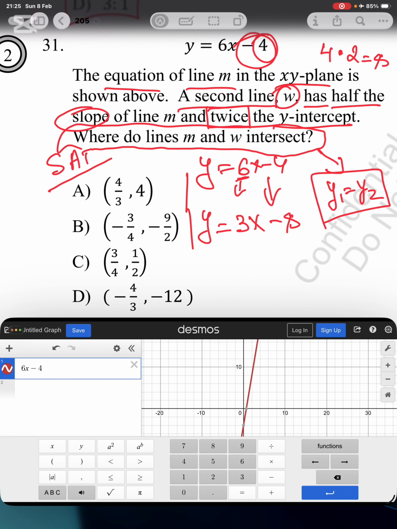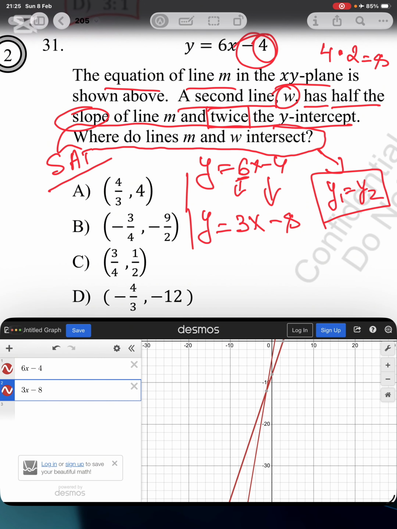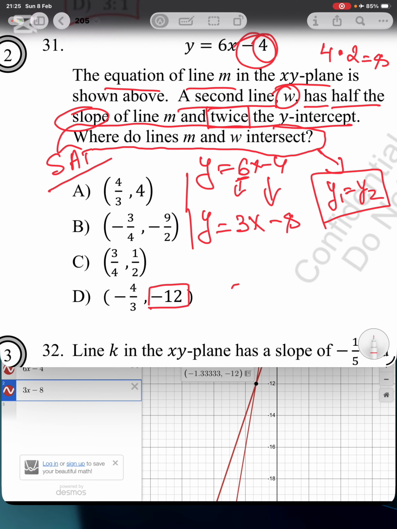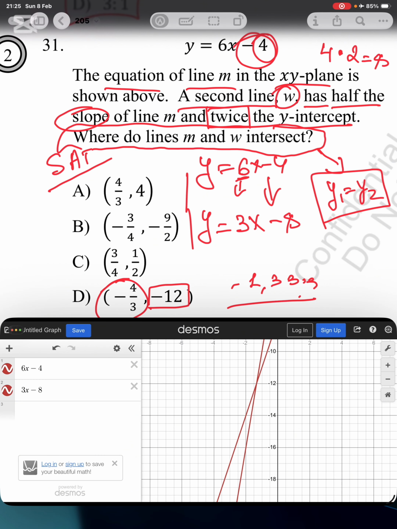Minus 4 and the next one, 6 minus 8, should be written. As you can see, it's now visible at which point they intersect. It's given only minus 12 and minus 1.333, and when you divide them, 4 divided by 3, it gives our answer. So the answer then is going to be D.